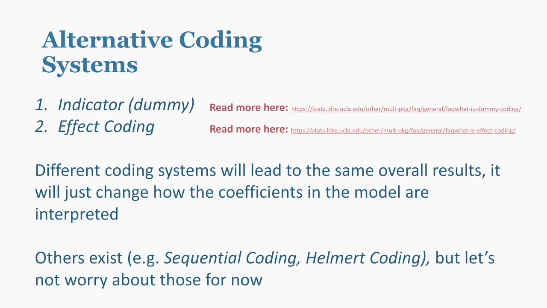What's important to take away is that different coding systems exist, and they will lead to the same overall results, like the same F statistic and p-value as we saw before, but it will change how the coefficients in the model are interpreted. And there are times when different coding systems are preferable to others. If you want to read more about that, I've posted some links here. And there's also an additional link at the end of the slides if you want to know about Helmert or sequential coding.